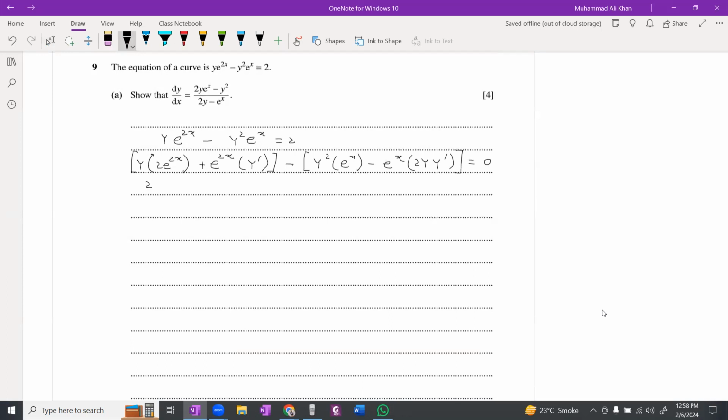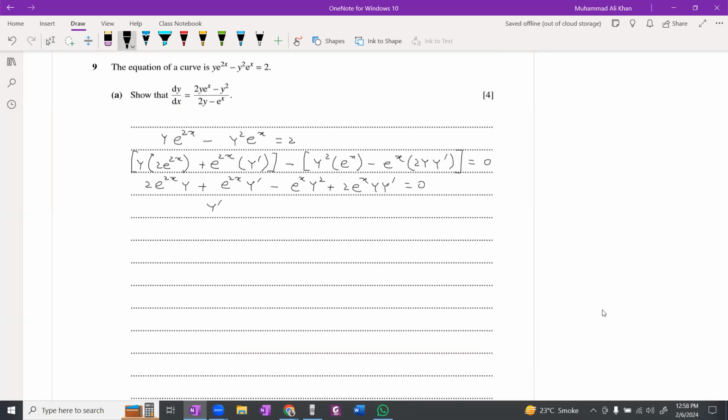Now, this will be 2 e power 2x y plus e power 2x y dash minus e power x y square plus 2 e power x y dash equals to 0.